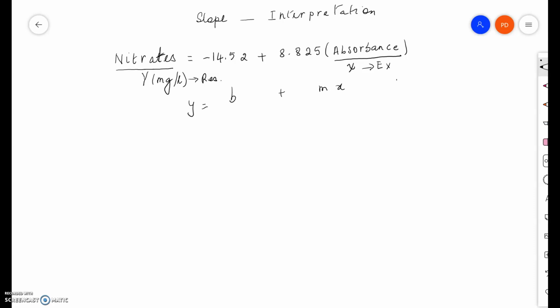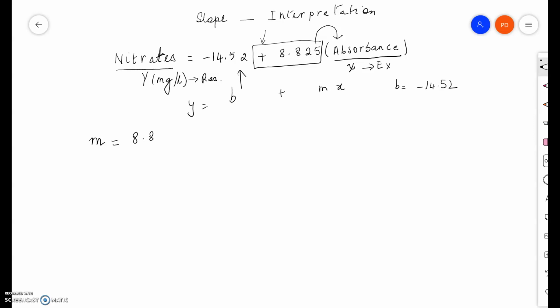So b is the y-intercept, which is negative 14.52, and m is the slope of the straight line, and the slope is the number, make sure you're including the sign, that is multiplied to the variable x in the equation. So m is the number that is multiplied to the absorbance in this case.